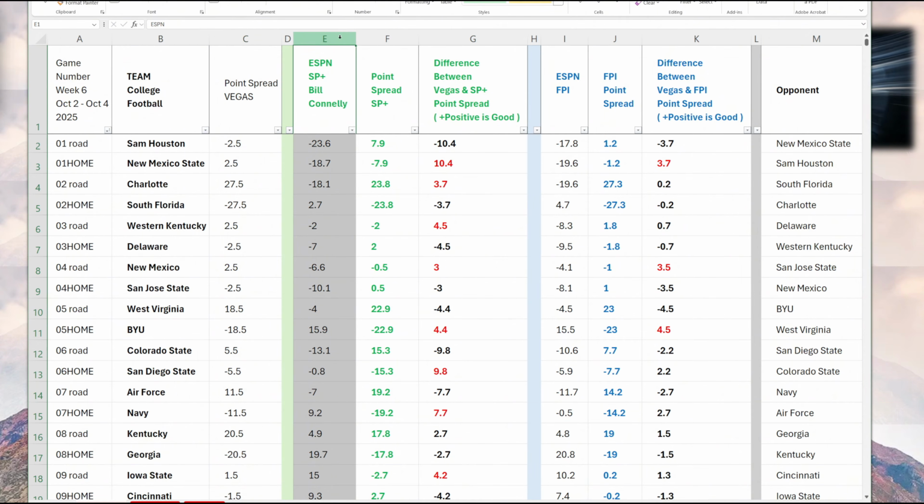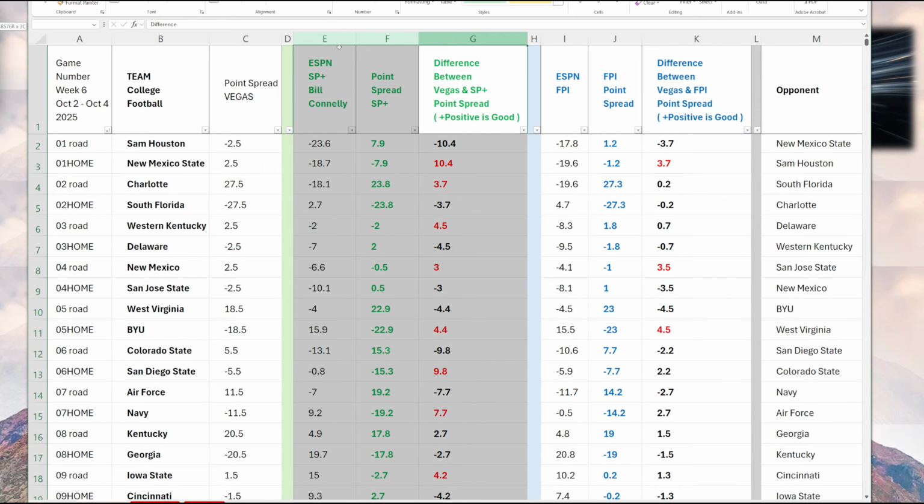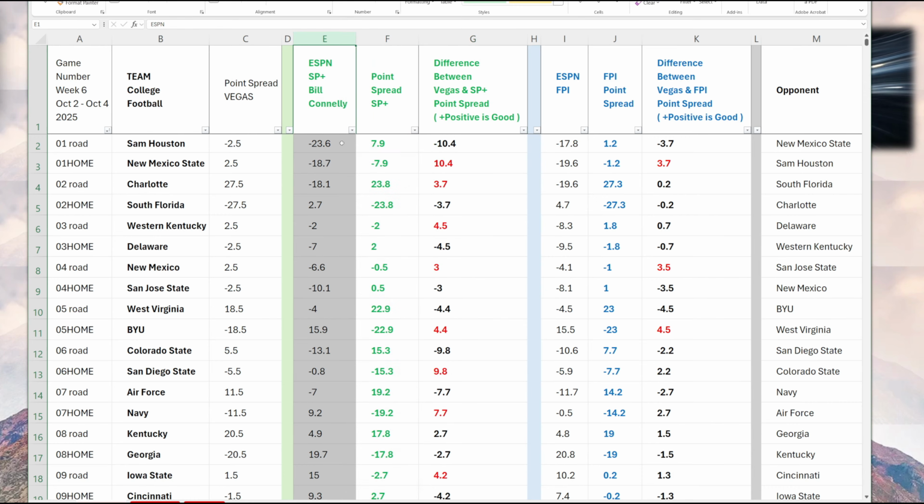Next, in this next group, columns E, F, and G, is data that I extracted from ESPN's website, specifically the SP Plus power ratings from Bill Connelly. I'll explain this more later in the video. But basically, I get the power ratings, which tell you how good the teams are.